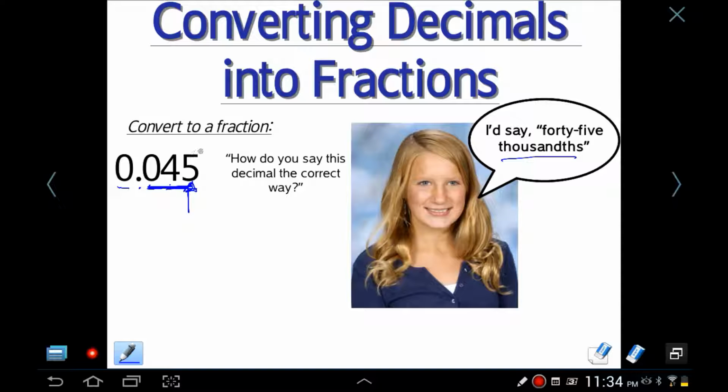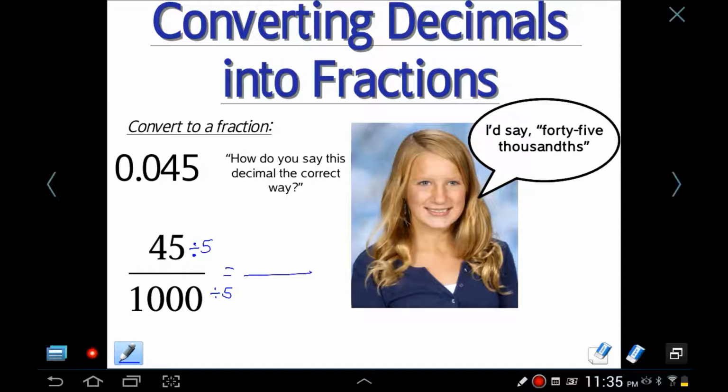You always say the last value that is in the decimal, 45 thousandths. Now you can divide both of those numbers by 5. 45 divided by 5 is 9. And 1,000, which we've already established, divided by 5 is 200. That's it. Can't do any more. 9/200ths. Thank you, Samantha. Pretty good math. And let's move on.